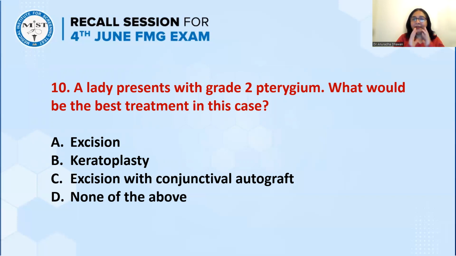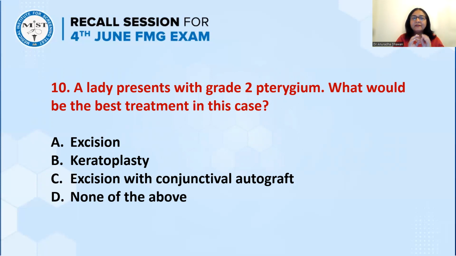Now, in pterygium, the concern with the treatment is that if you just excise the pterygium, then there are high chances of recurrence. So it is always good to do the treatment to prevent the recurrence.